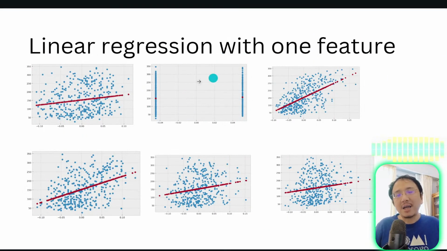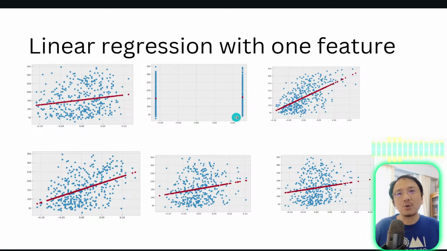So the second one is sex, because mostly just male and female. So you can see the X is either on the far left side or on the far right side. It seems that this feature alone does not have much power of prediction, because the red line is the prediction.